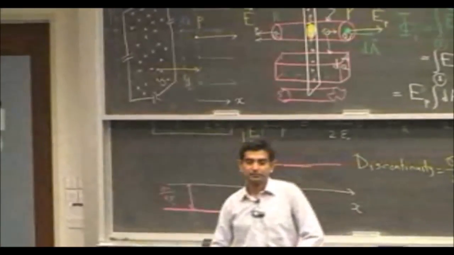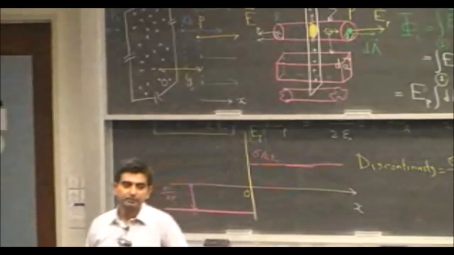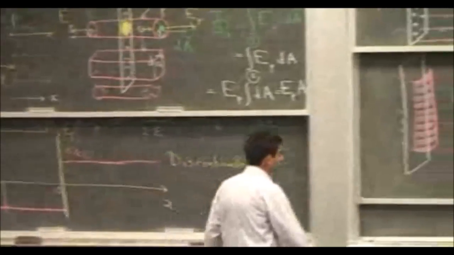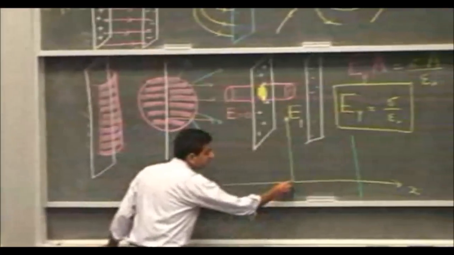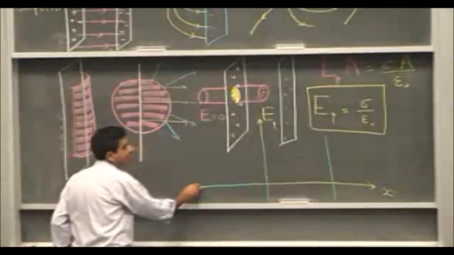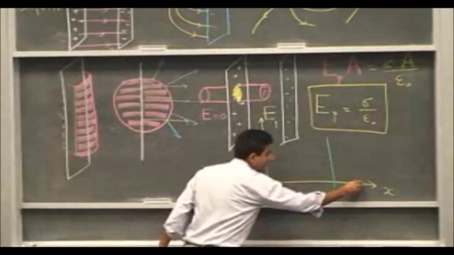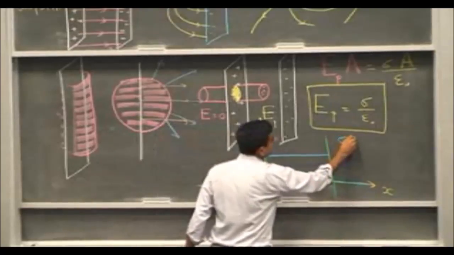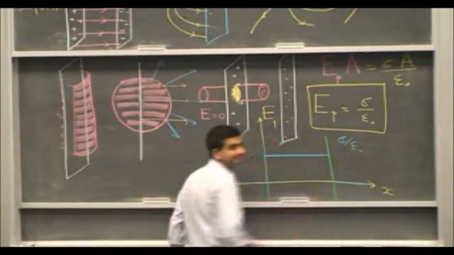Straight line everywhere? And on both sides, what will it be? 0. So electric field is 0 here. It's 0 here. And it's sigma over epsilon naught here.